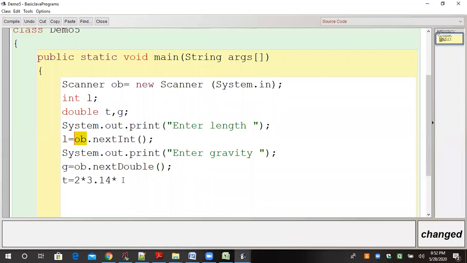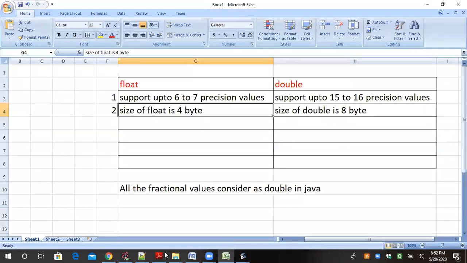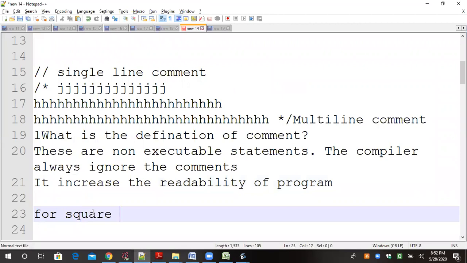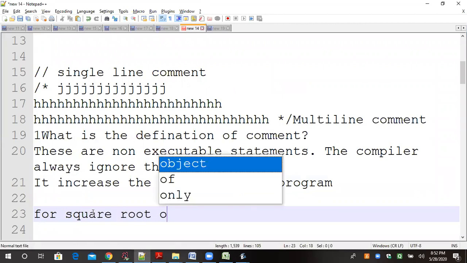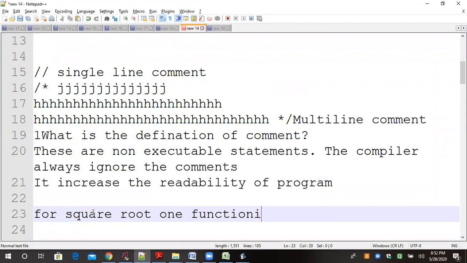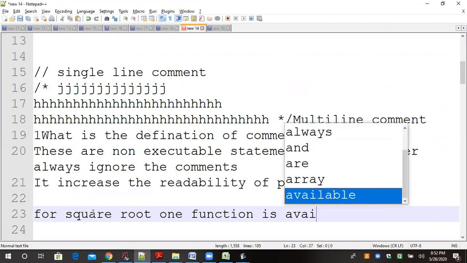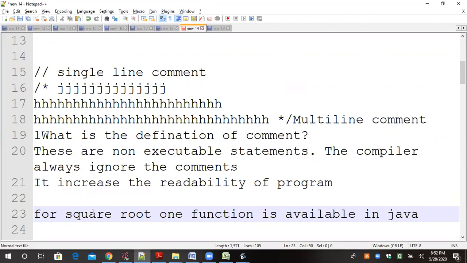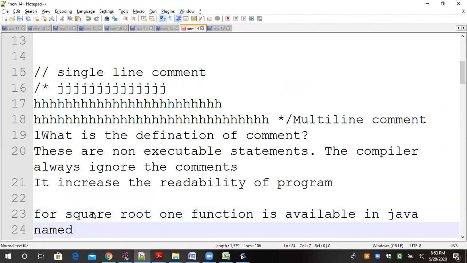अब स्क्वायर रूट के लिए, here my theoretical section is there. For square root, one function is available in Java named sqrt.